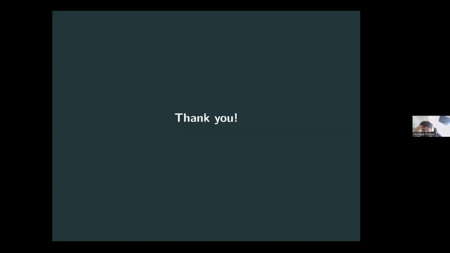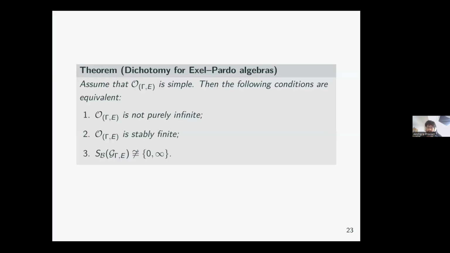But maybe just about the von Neumann semigroup and the type semigroup. I think Bartosz was about to say something earlier, I mean, the Exel-Pardo case. If I understood the question, because now I'm a bit confused.